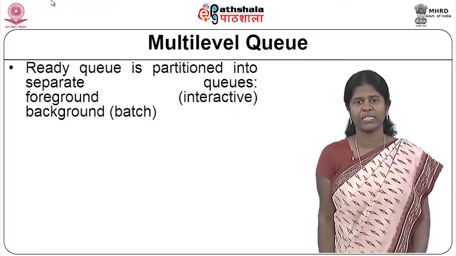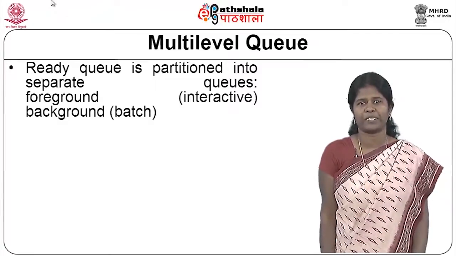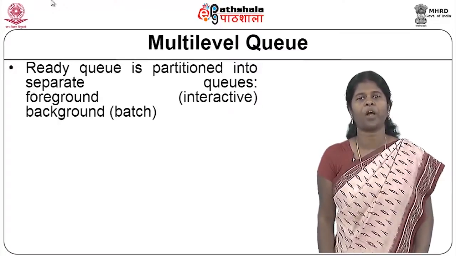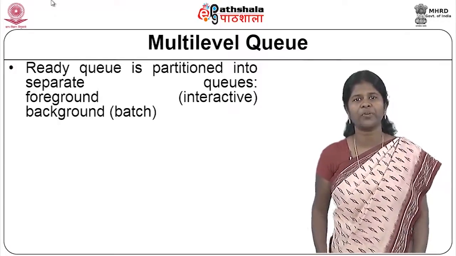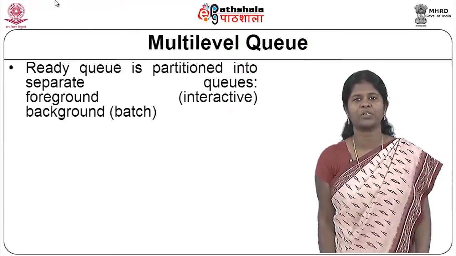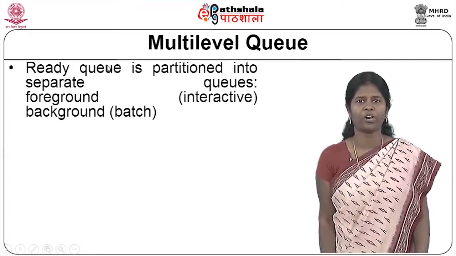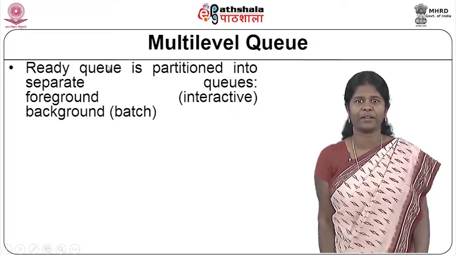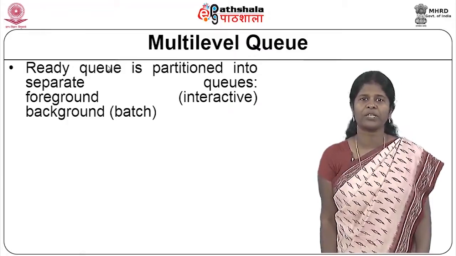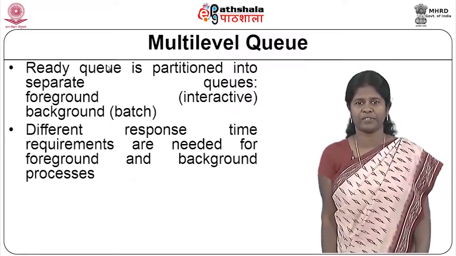But now in multi-level queue scheduling, the ready queue is partitioned into multiple levels, depending upon the properties of processes. Here I am looking at two different kinds of processes: foreground processes, which are more interactive, and background processes, which are batch processes that do not need much interactiveness.